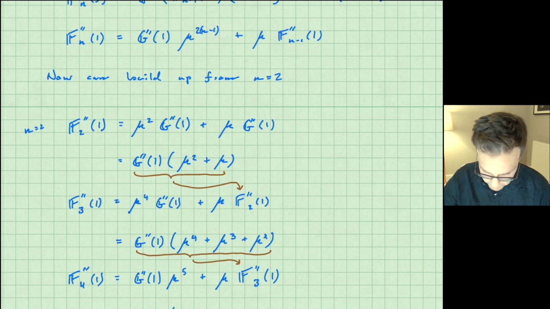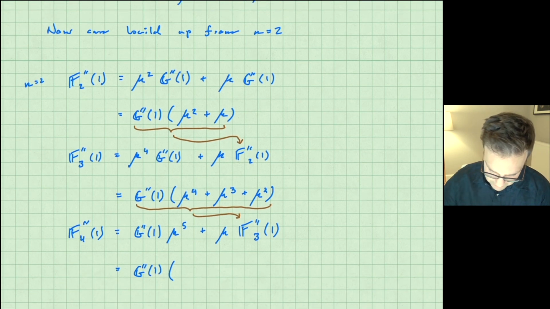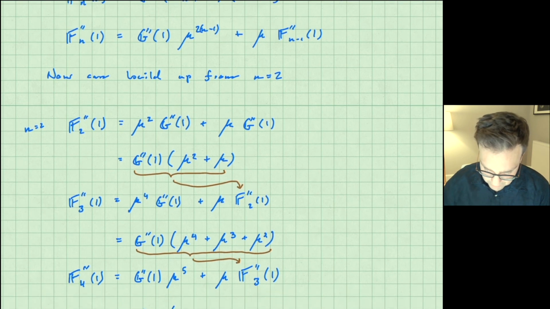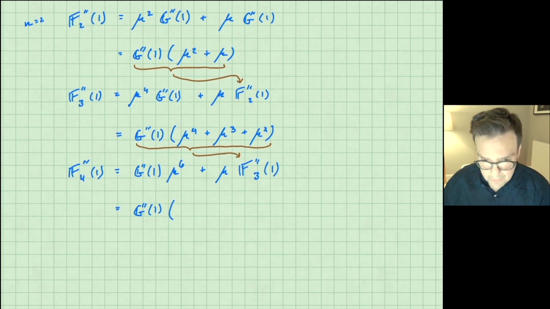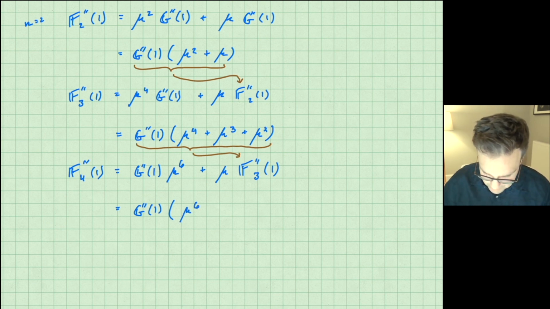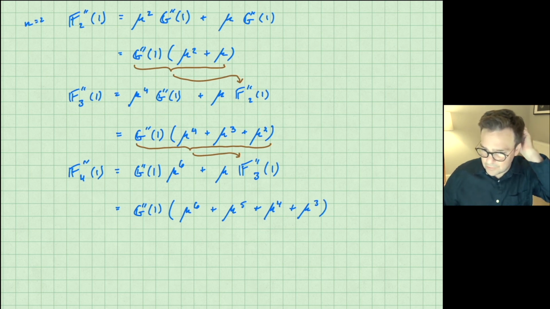For n equals 4, yeah, that's mu to the 6th. N minus 1 is 3. 2 times 3 is famously 6. Gotcha. Okay, so then when you put these together, you get mu to the 6th plus mu to the 5th, and so on. And so you can keep on going.